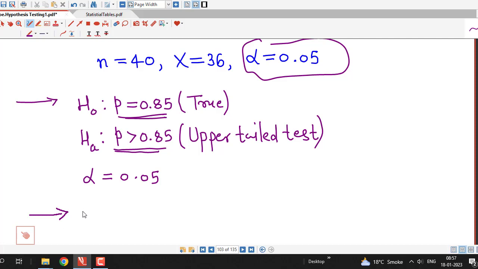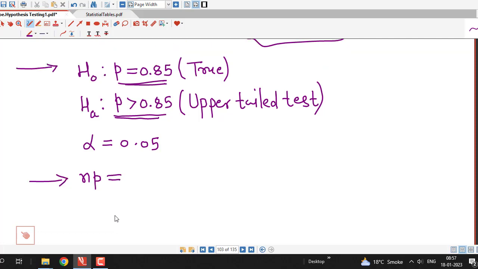Now to apply the one sample z test, first we have to check whether the condition is satisfied. We require that n times population proportion and n times 1 minus population proportion both are greater than 5. So let me calculate these two quantities.